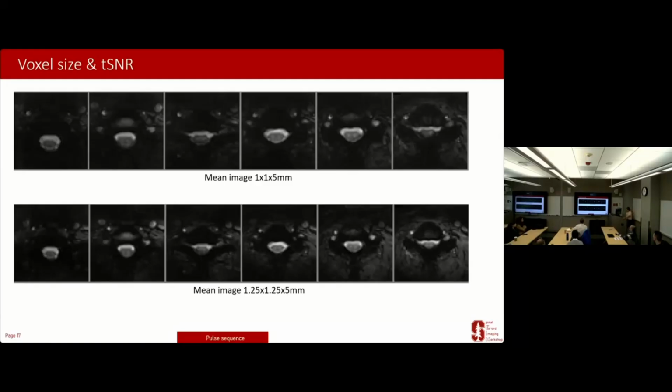So if we make a small change from 1.25 by 1.25 by 5 millimeter to 1 by 1 by 5, you do see you get more voxels to represent the spinal cord. These two sets of images, I would say they both look decent.